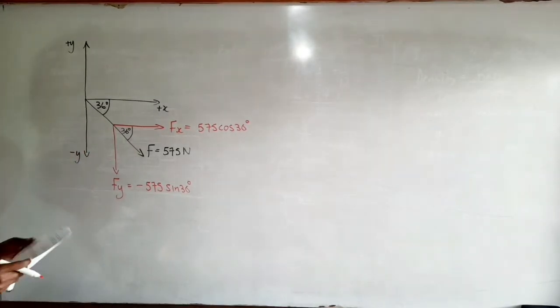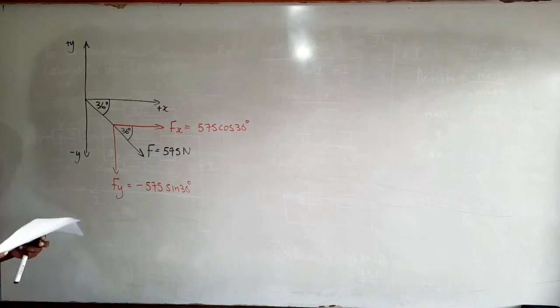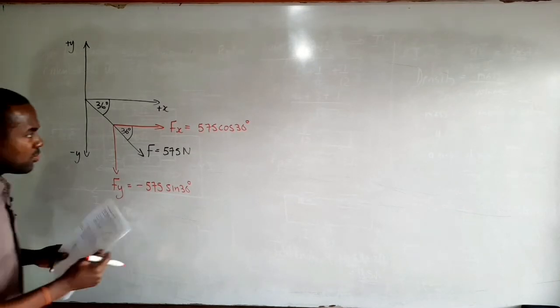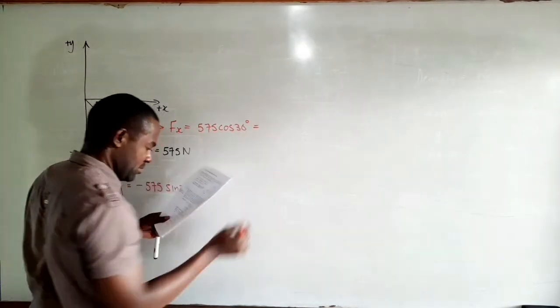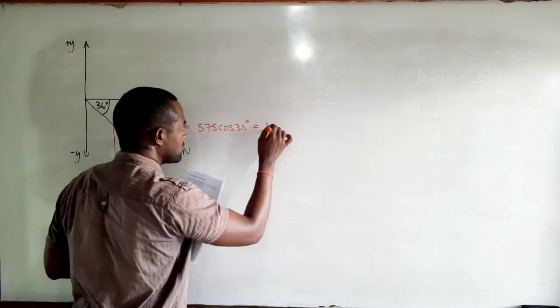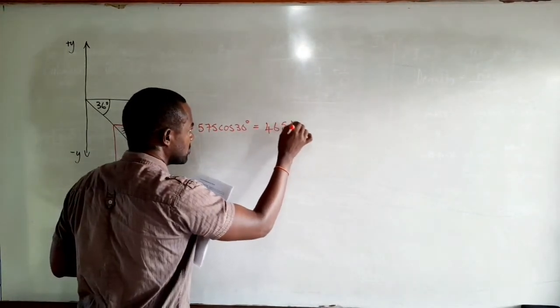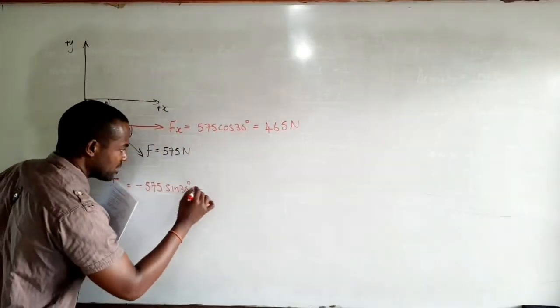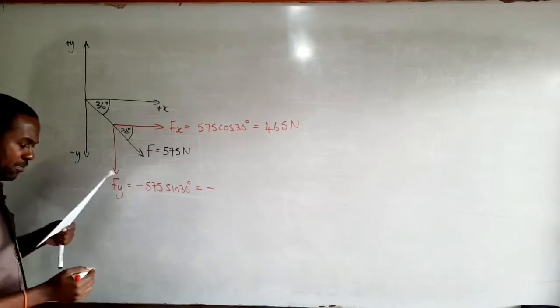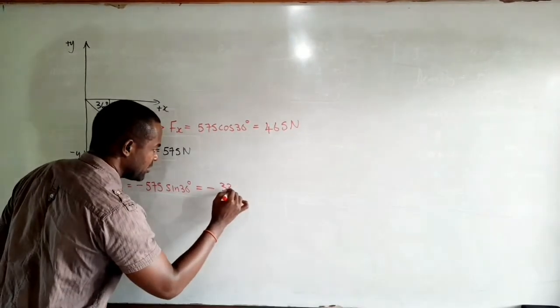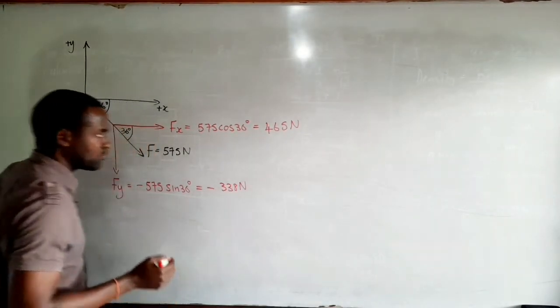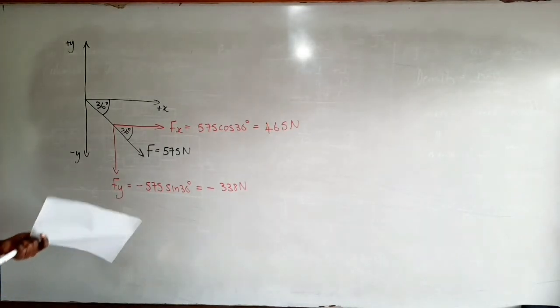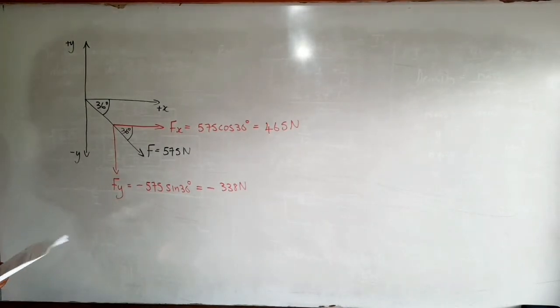Working out their magnitudes, the x component is approximately 465 newtons, and the y component is approximately minus 338 newtons.